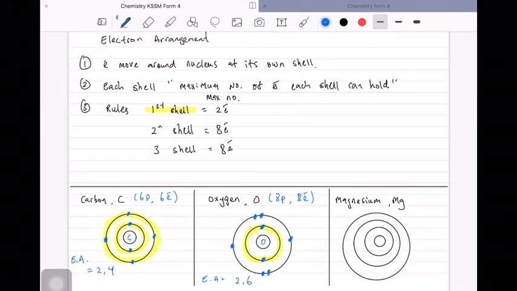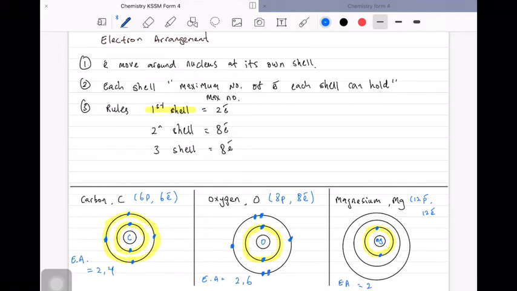The third one, let us look at magnesium. The number of protons is 12, so the number of electrons is 12. Let's say this is the magnesium nucleus. For the electron arrangement, the first shell can hold 2 electrons, so we write 2.